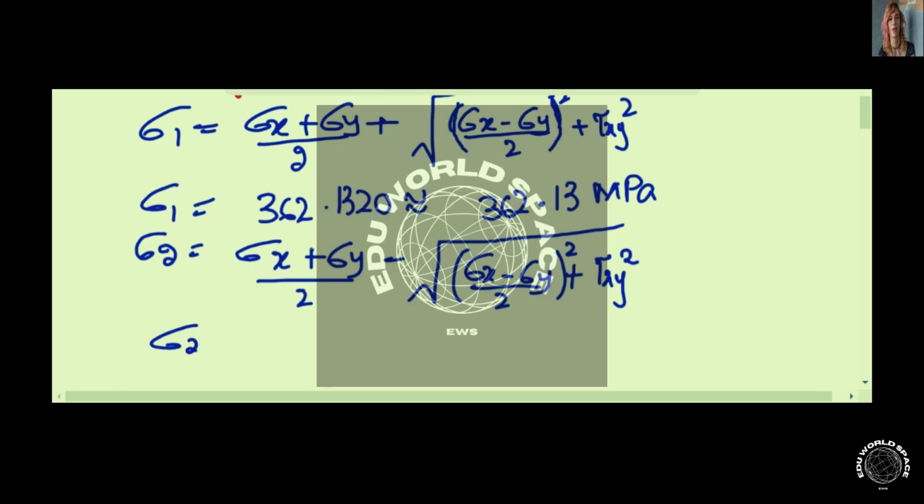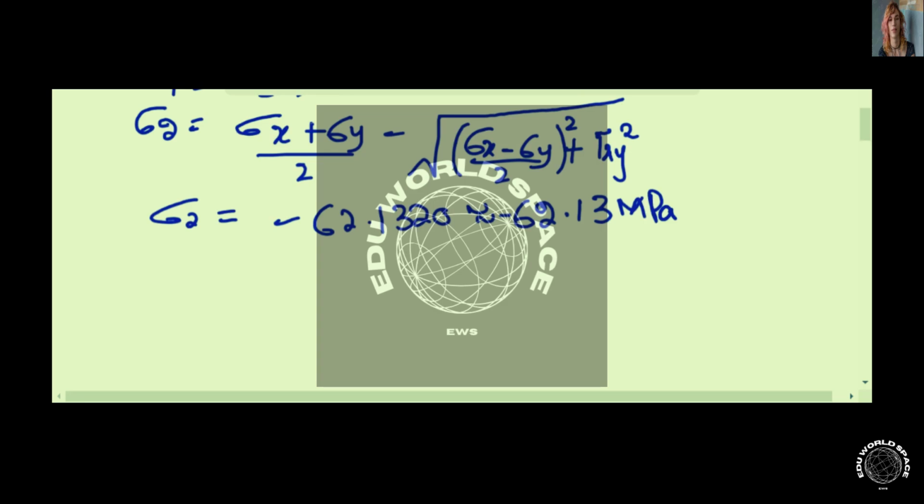Again, just plug in the values and we get that sigma sub 2 is equal to negative 62.1320. That is approximately equal to negative 62.13 megapascals, right?